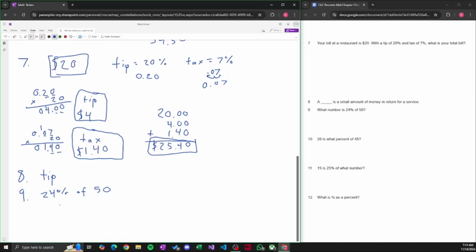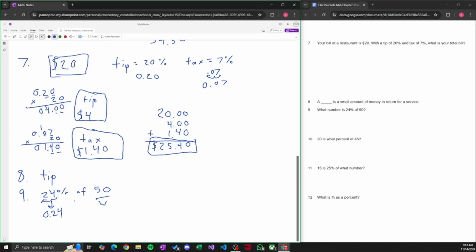If we have is in our writing, usually whatever number belongs to is or is around is the part. So we have of, the number after it is our whole number, and percent as a decimal is we move the decimal point twice to the left. So the percent is here, the decimal is here, we're going to move it twice to the left, so we're going to have 0.24 as our percent.